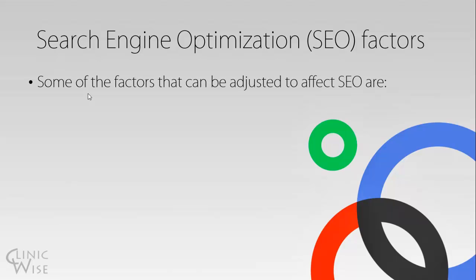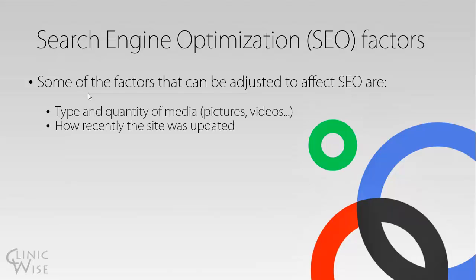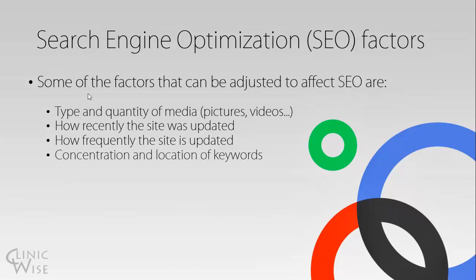Some things to consider, in no particular order, are the quantity and variety of media on your website. This is pictures, videos, and other non-text content. How recently and how frequently you add content to the website. How many times the search term shows up on a web page and where those words are located on a page.